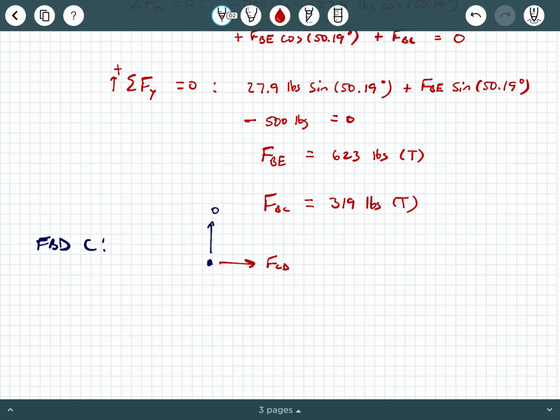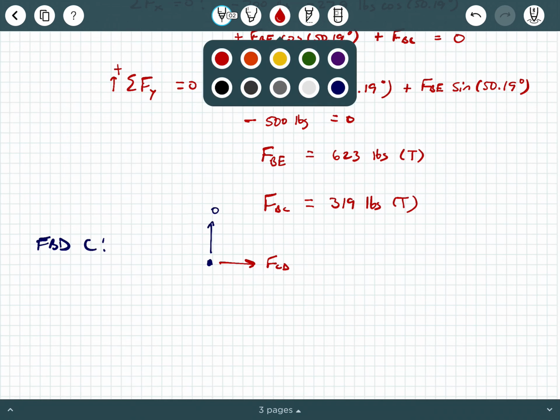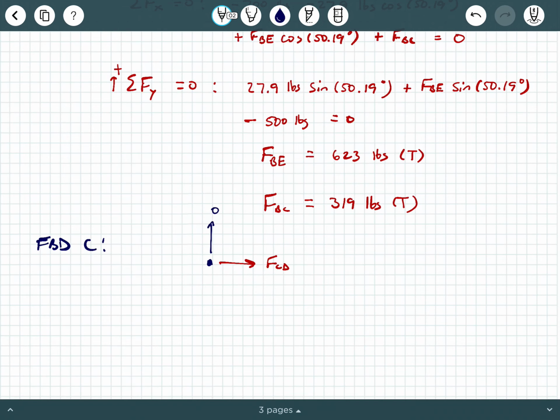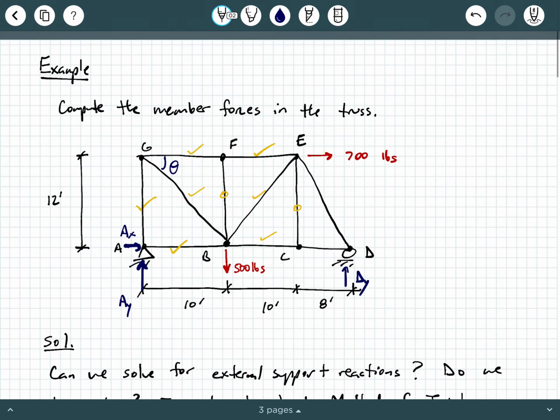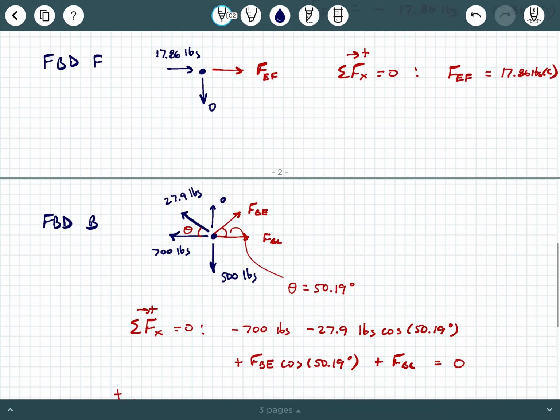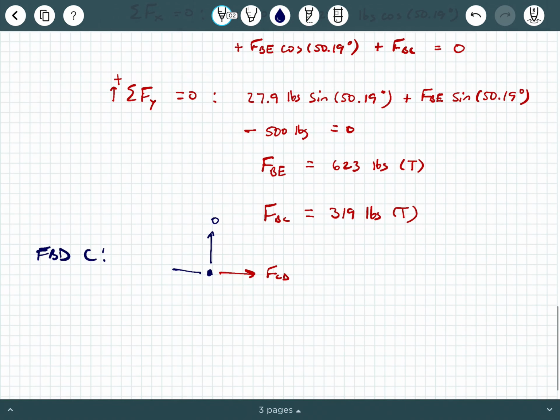We have the force in CD here, and then we had, what was the force in BC? We just calculated that, I think. 319 pounds. So hopefully clearly you can see that the force in CD equals 319 pounds in tension. Forgot my tension right there.